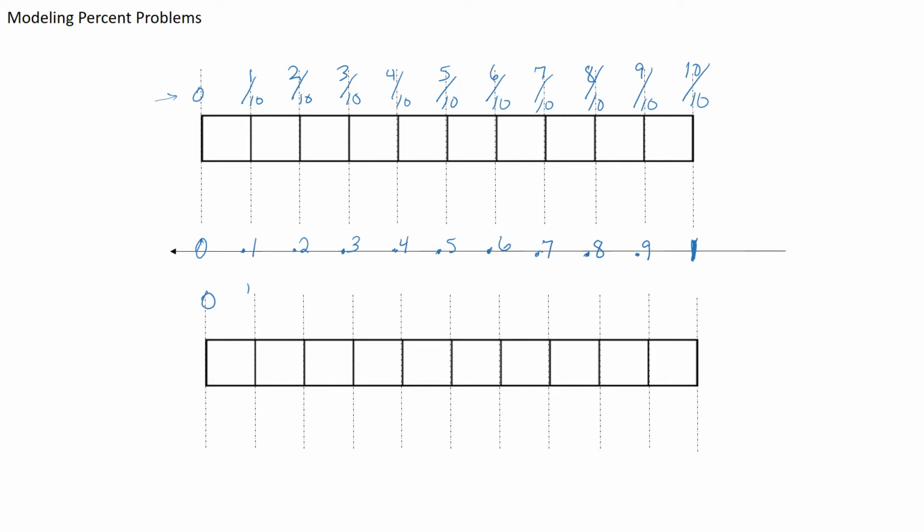This would be 10 over 100, 20 over 100, 30 over 100, 40 over 100, 50 over 100, 60 over 100, and we continue till we get to 100 out of 100.